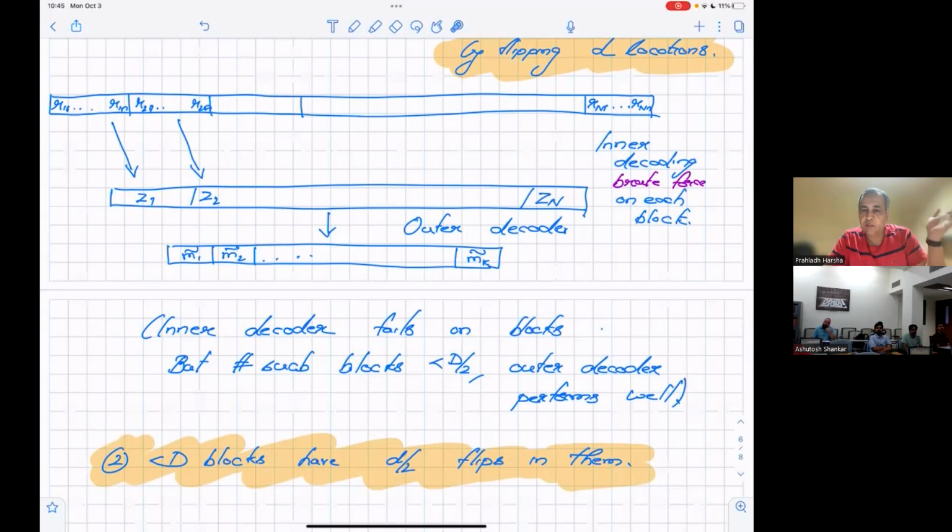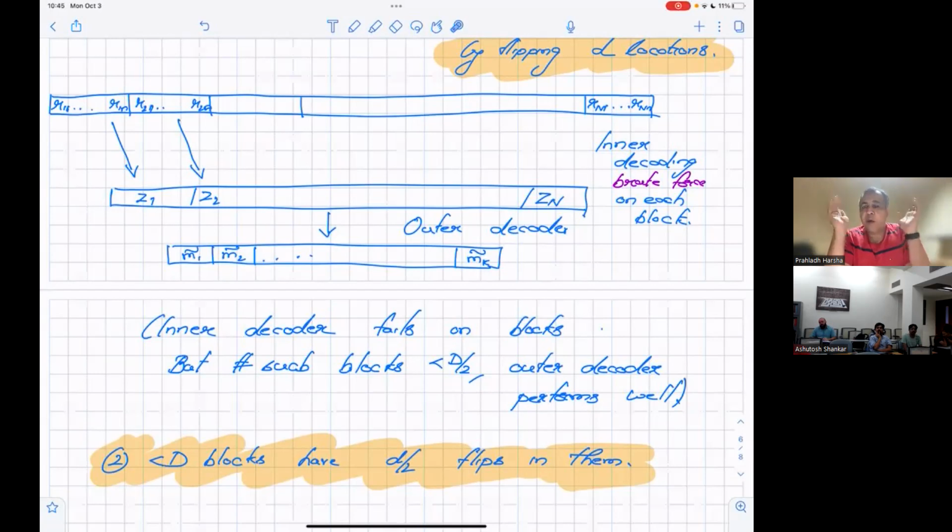Are people with me over here? Suppose the inner signals, you cannot trust my decoding on these blocks. That's what the inner is going to signal to the outer, the concatenated decoder. It says on these blocks the error is close to d by 2, so you can't trust what I output because it could as well be another code word.